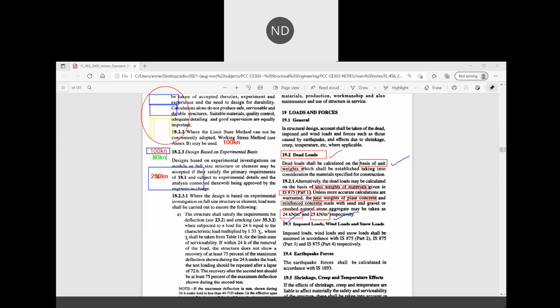But if we use this particular beam, it can carry 250 kilonewton, no doubt. Obviously the size of this beam is larger than this, so obviously it is going to take more load. It can take more load, right?